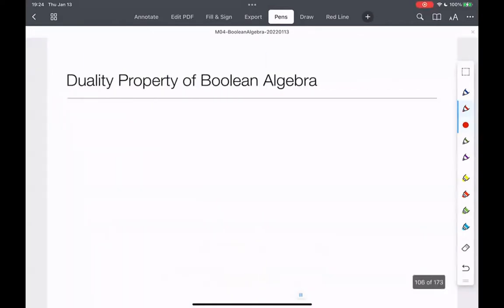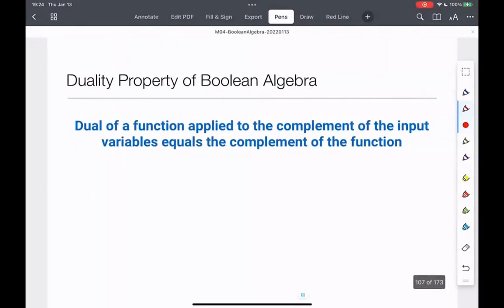Now, the reason dual matters is that there is a property of Boolean algebra called the duality property, which says the dual of a function applied to the complement of the input, the inverted versions of the input, equals the complement of the function. So let's digest it.